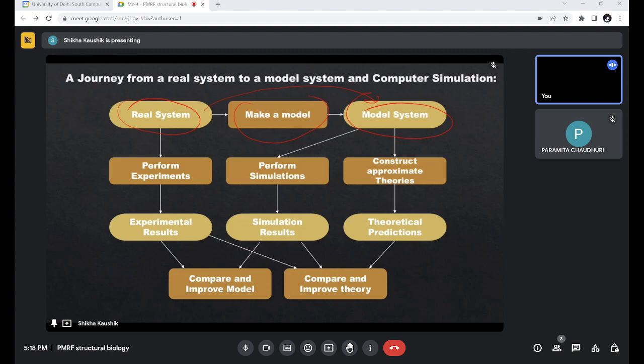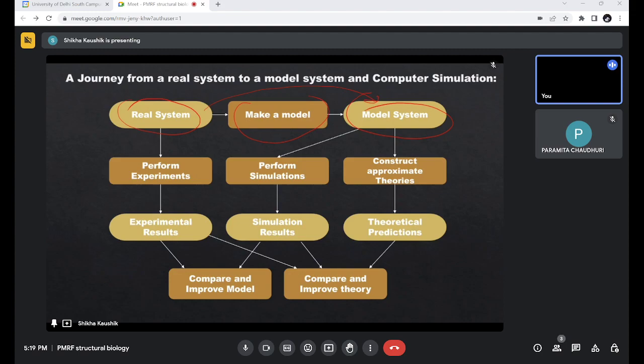I'm not saying one system is better than another, because both are important to understand what we can achieve. Through them we can achieve a lot to understand biological systems, and both are important to understand the actual processes that are happening around or within us.